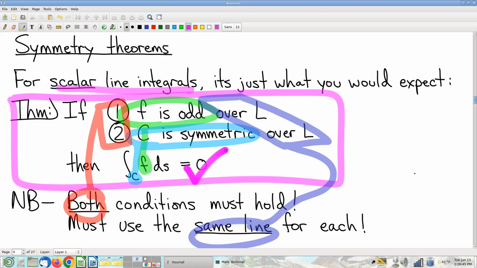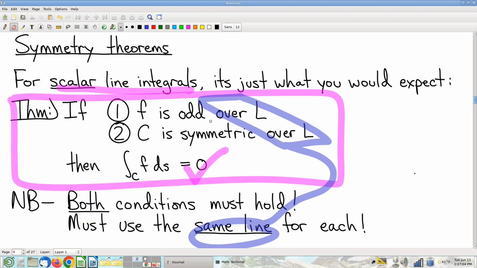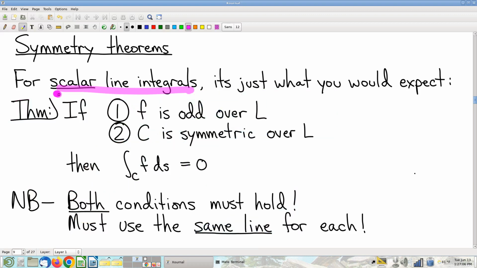Your integral is equal to 0. No parametrizing, no anti-differentiating, just boom, done. 0, right? Super awesome. Gotta love it. Just like with double integrals, just like with triple integrals. Everybody good? The tricky point here, the word of warning, is that this only works for scalar line integrals.